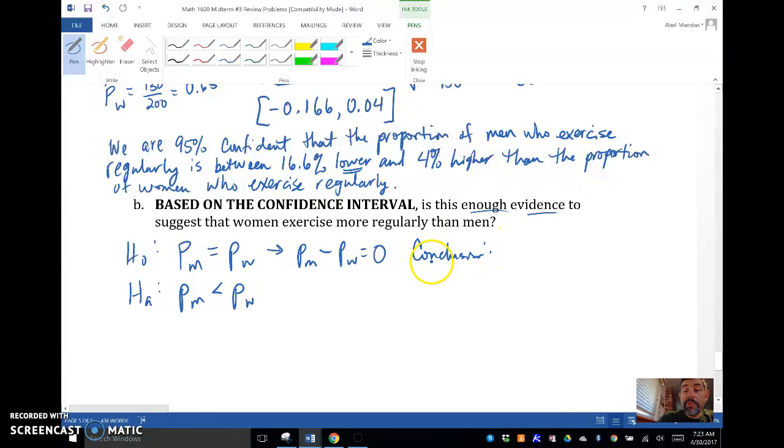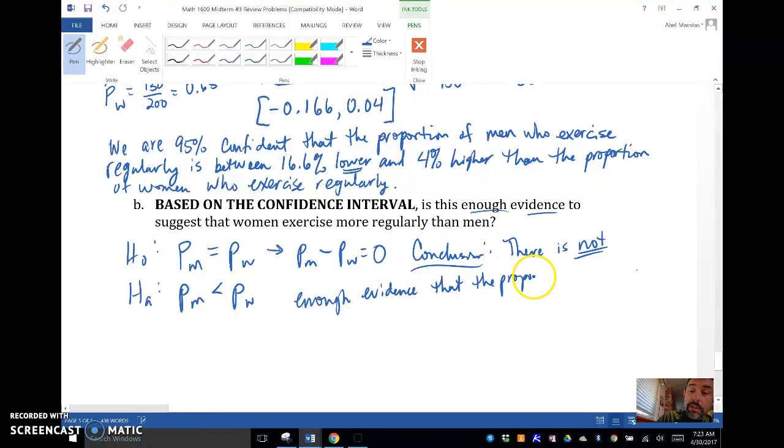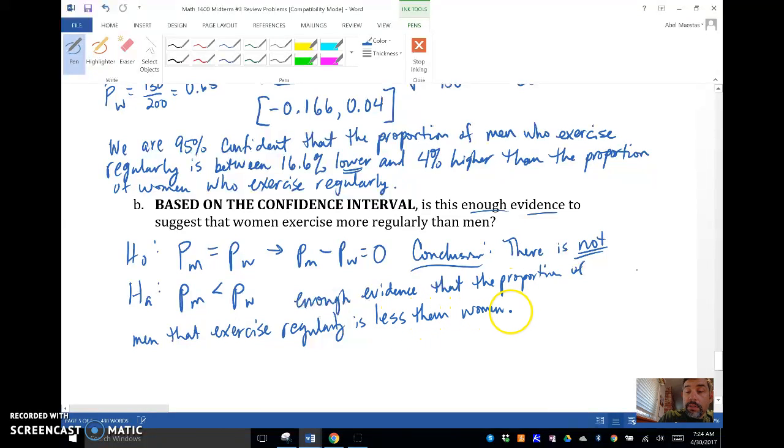So our conclusion here, based on our confidence interval, is that there is not enough evidence that the proportion of men that exercise regularly is less than women, since 0 is in our 95% confidence interval.